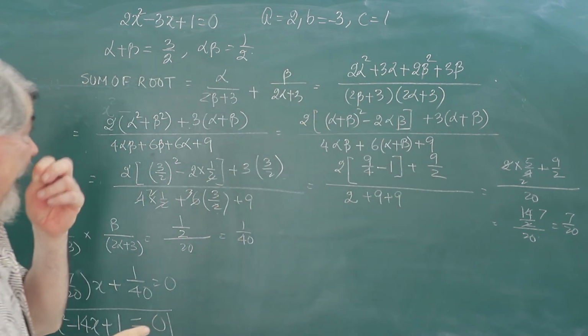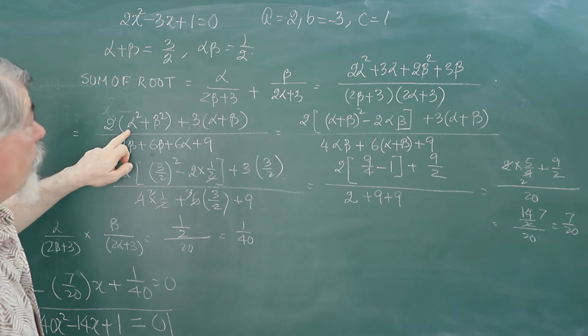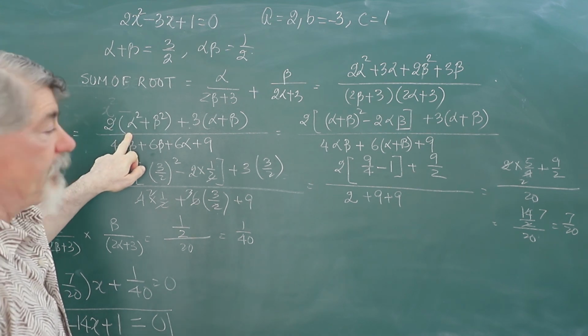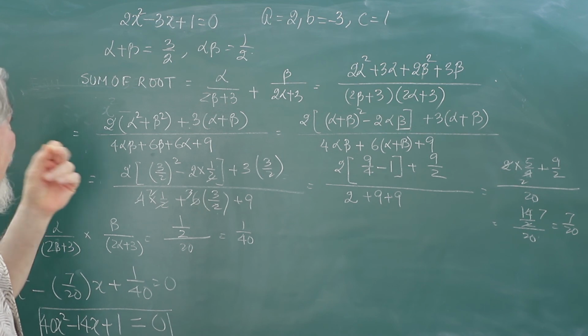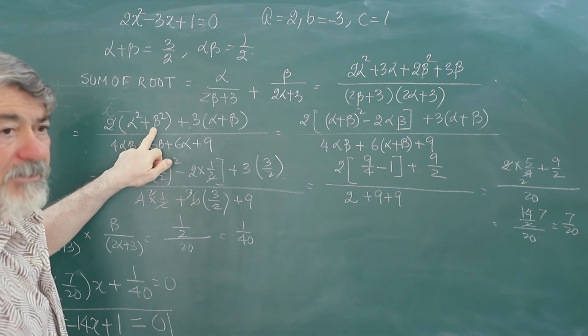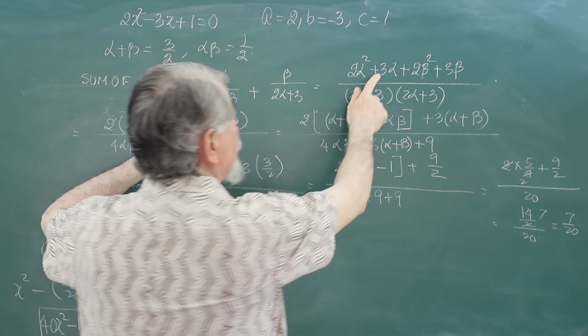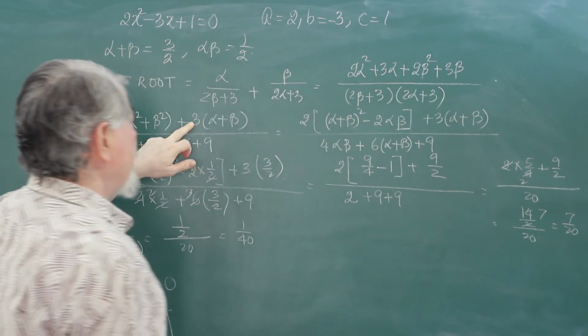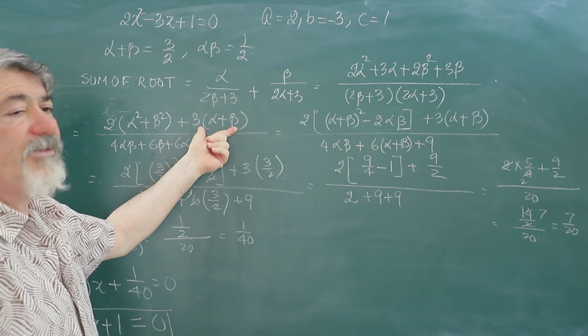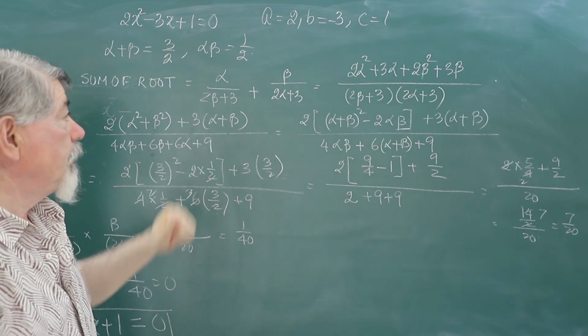In the numerator, I can take common out of 2 alpha squared plus 2 beta squared. I take 2 common. I am left with alpha squared plus beta squared, which is familiar to us. Then I take 3 common out of 3 alpha plus 3 beta. I am left with 3 into alpha plus beta.